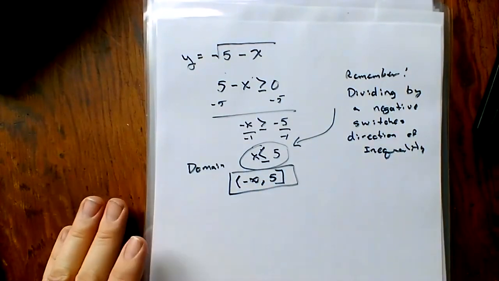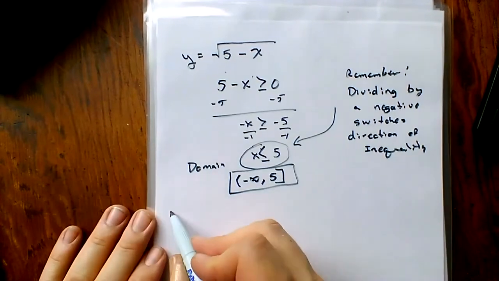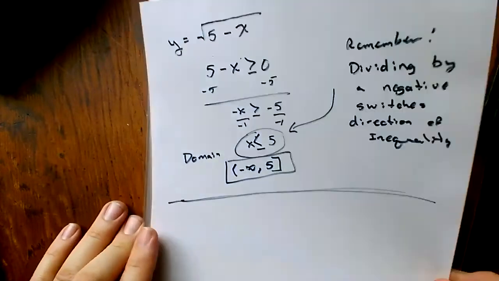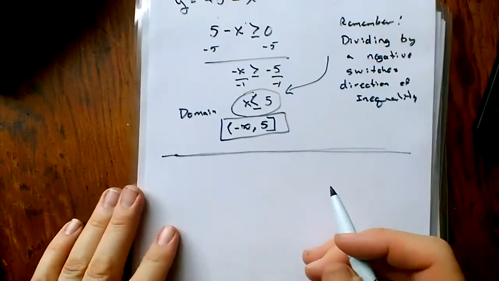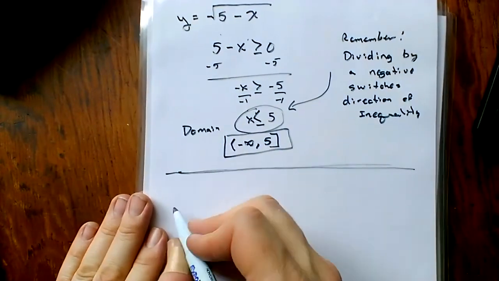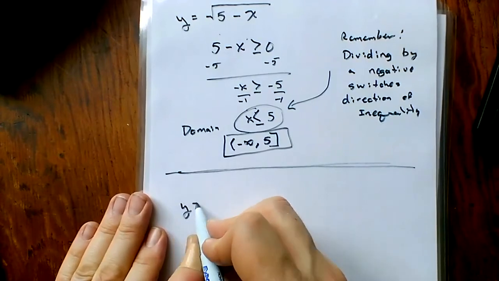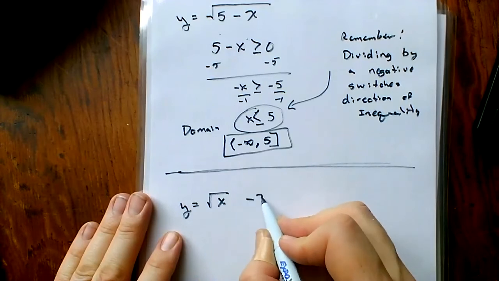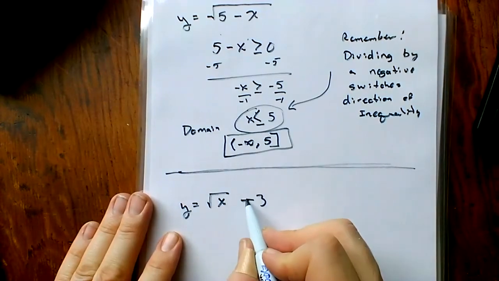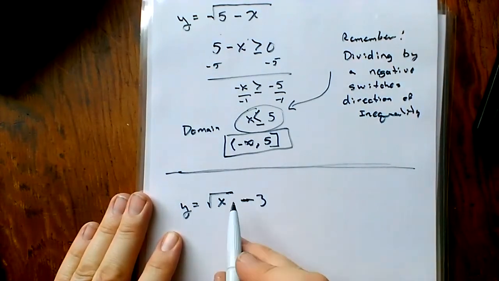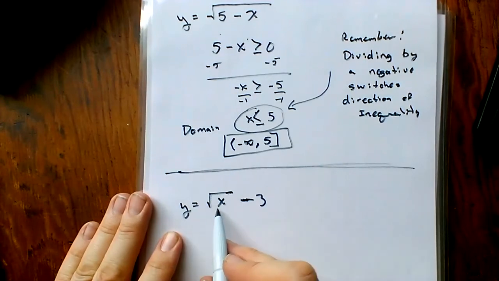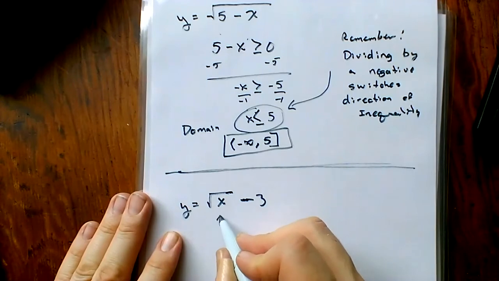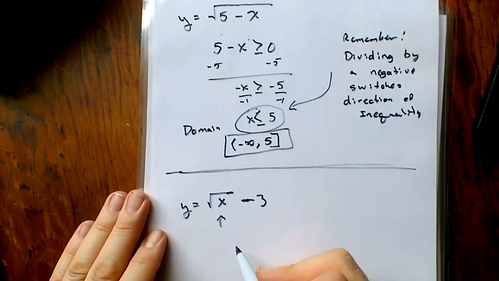One other thing to pay attention to is the notation. If you were to see something like y is equal to the square root of x minus 3, sometimes it's not always clear where that radical ends. So here, only the x is under the radical.